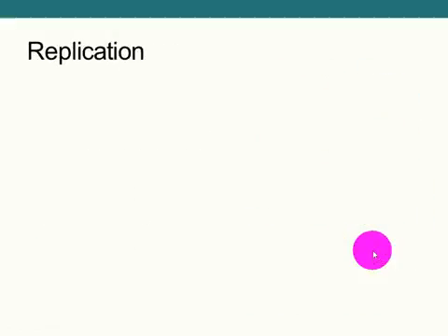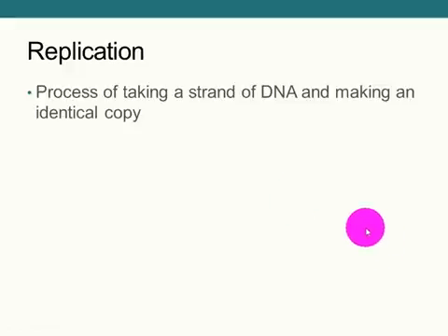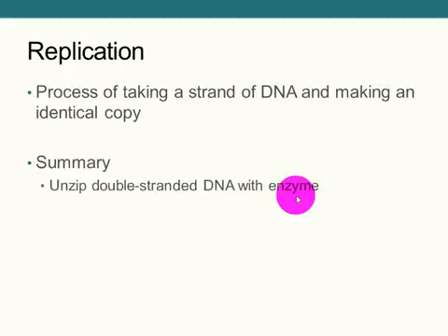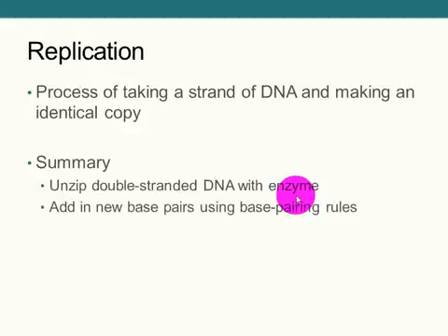Replication is, again, the idea that you take a strand of DNA and basically Xerox it. You want that copy to be completely identical. DNA is a double-stranded molecule, so we're going to snap those two strands apart, or unzip them, using an enzyme. Then another enzyme comes in.